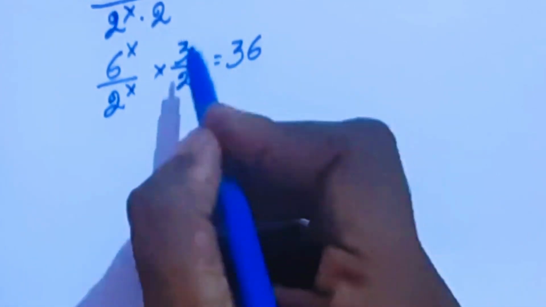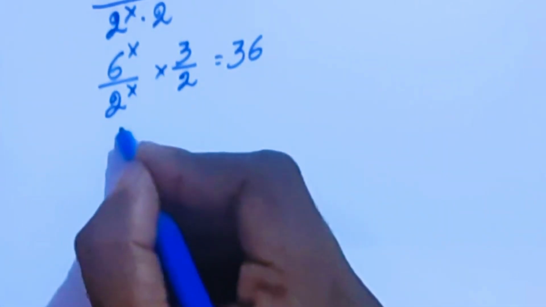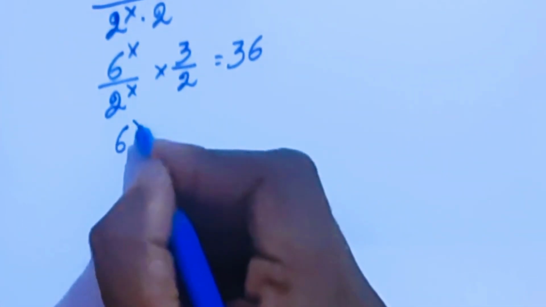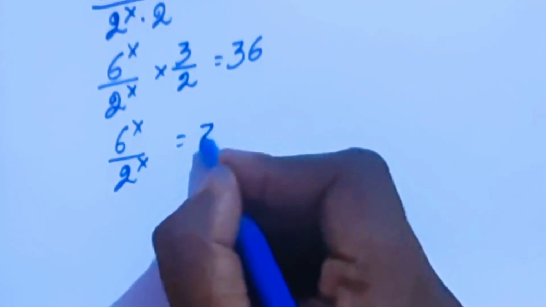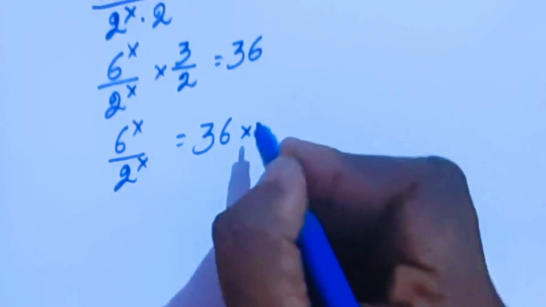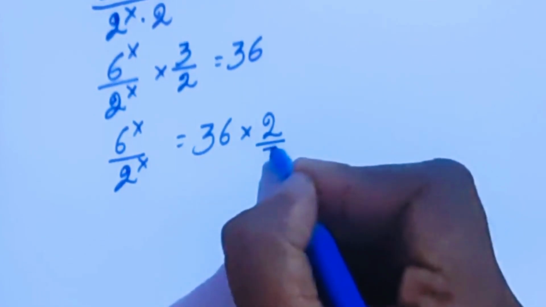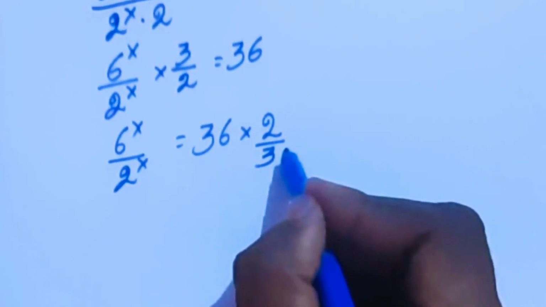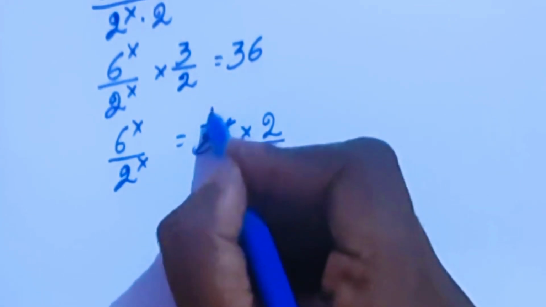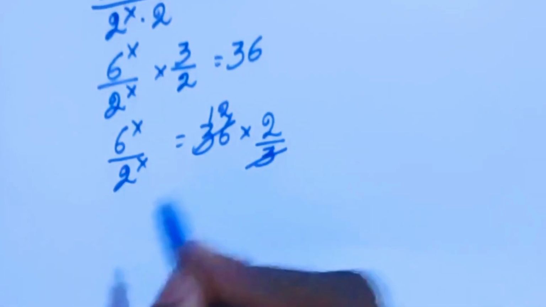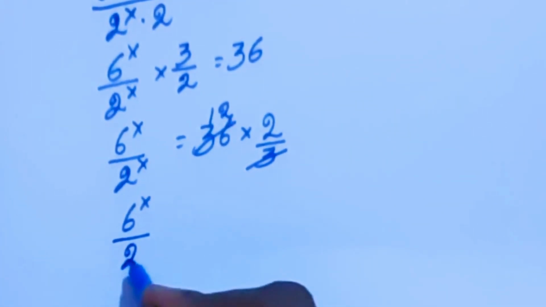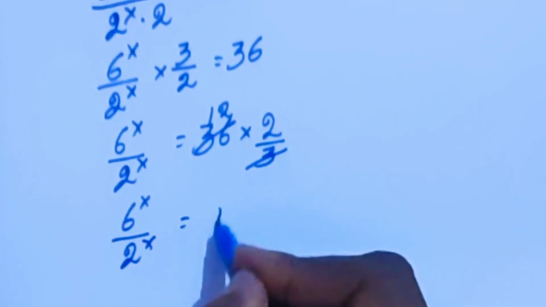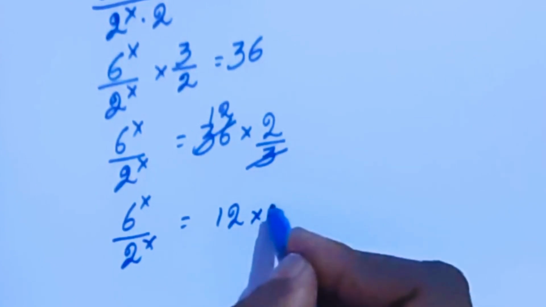Now we are moving this to the right hand side, so 6^x by 2^x equal to 36 times 2 by 3. Now simplify this, you get 12. So 6^x by 2^x equal to 12 times 2.